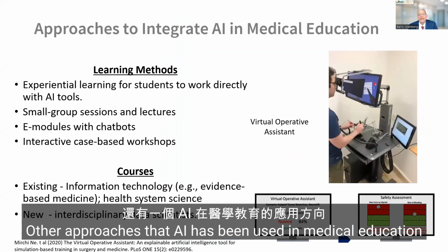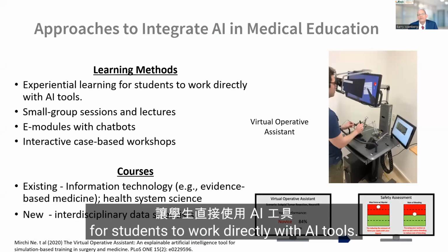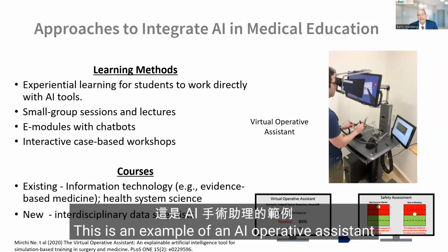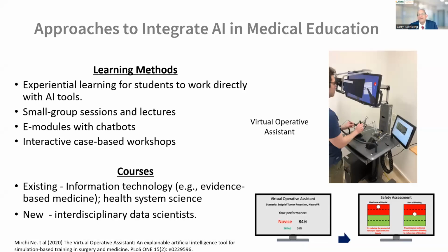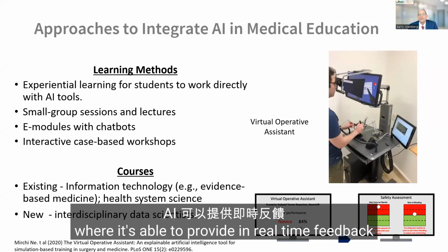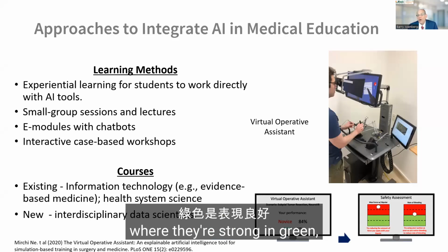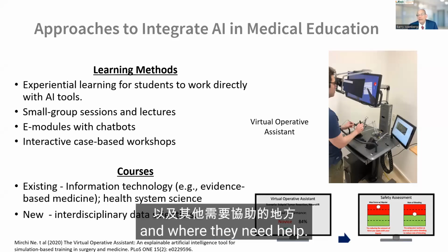Other approaches that AI has been used in medical education: it's often used in a simulation setting as experiential learning, for students to work directly with AI tools. This is an example of an AI operative assistant for a resident learning laparoscopic skills, where it's able to provide real-time feedback about their level of performance, where they're strong in green and where they need help.